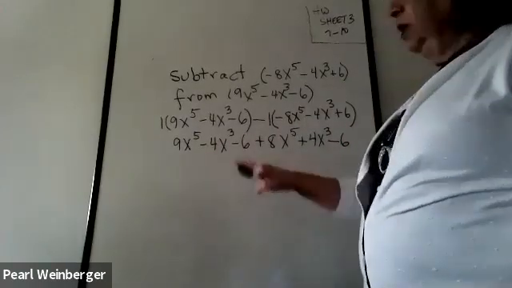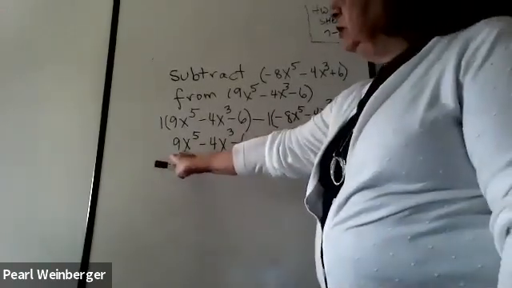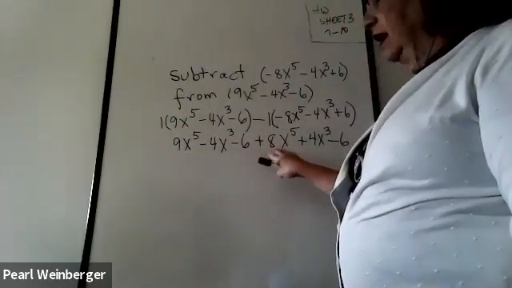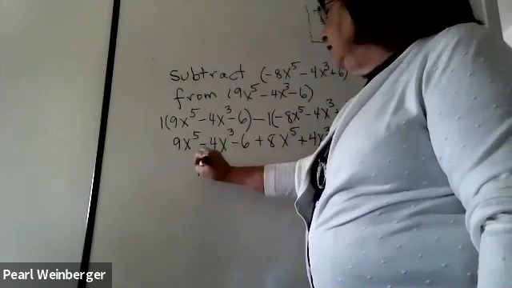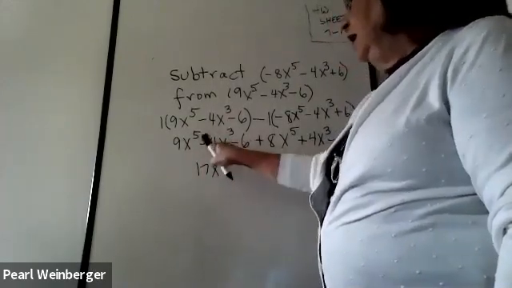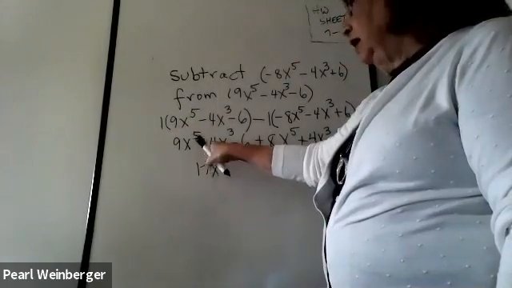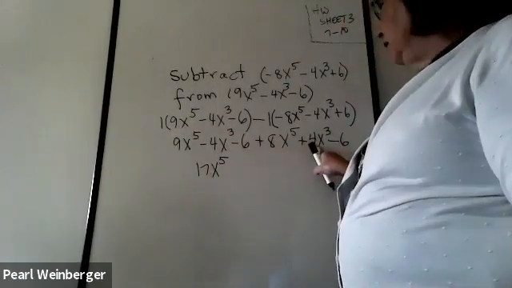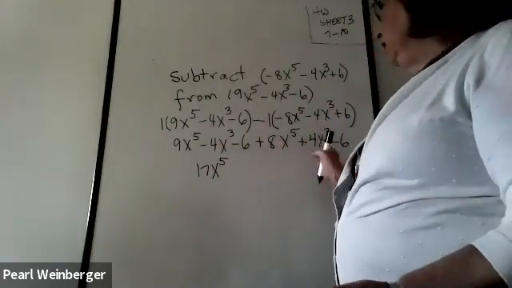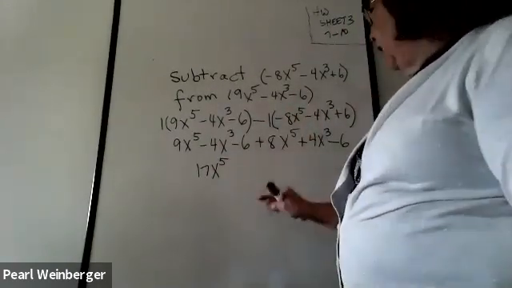And now all we're going to do is look for the like terms. There's a 9x to the 5th, so I can add it to the 8x to the 5th. 9 and 8 gives me 17, so it's 17x to the 5th. Then I have a negative 4x to the 3rd and a positive 4x to the 3rd. So negative 4 plus 4 is 0, it cancels out.